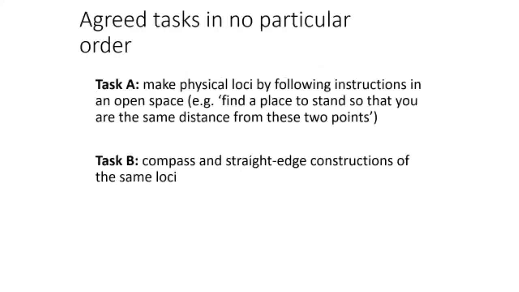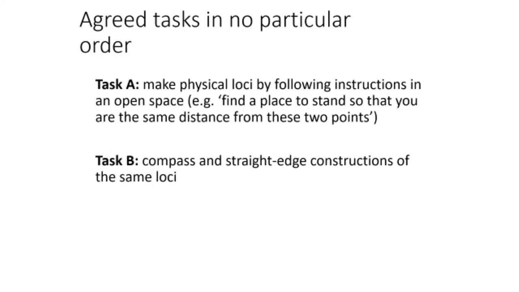And the team agreed that there would be 2 main tasks, but the teachers could decide in which order they did these. One of the tasks was to make physical loci by following instructions in an open space. For example, find a place to stand so you're the same distance from these 2 points.